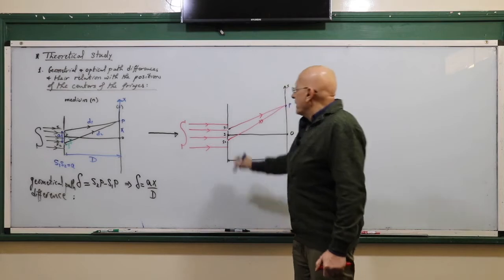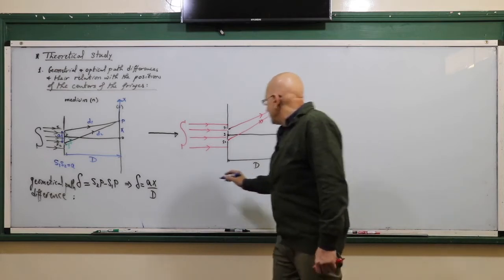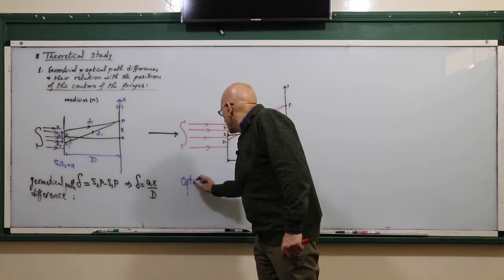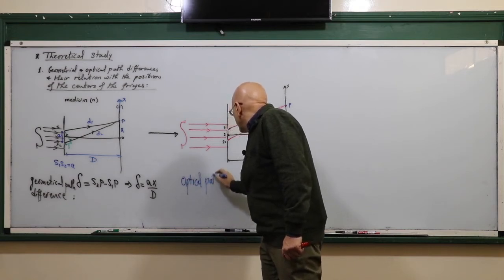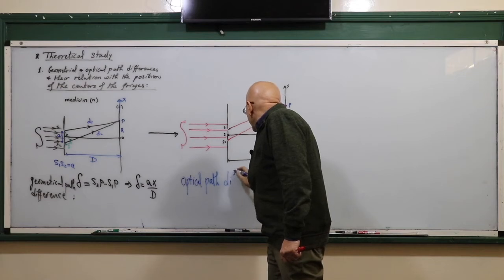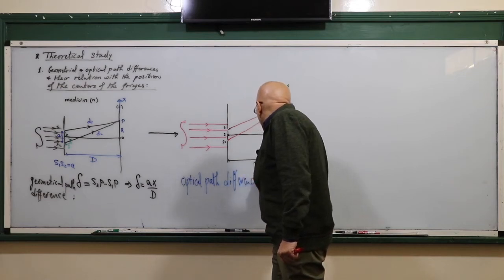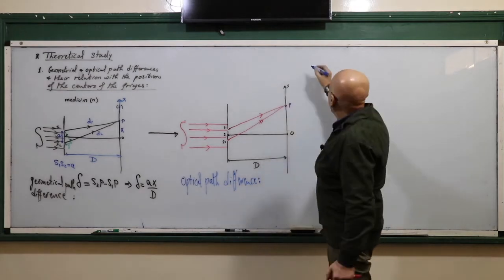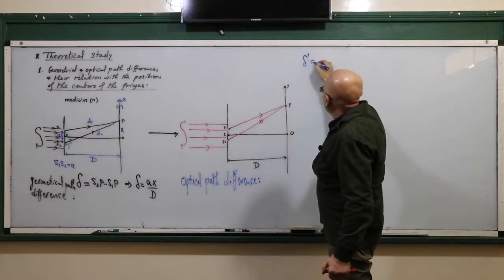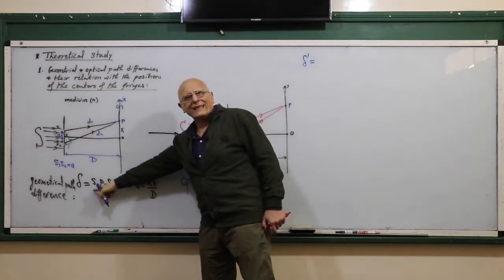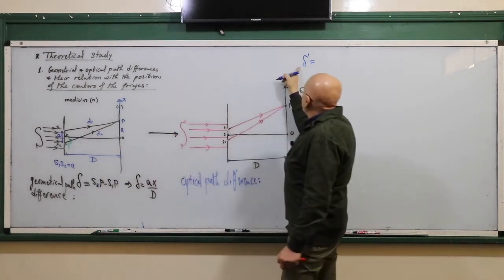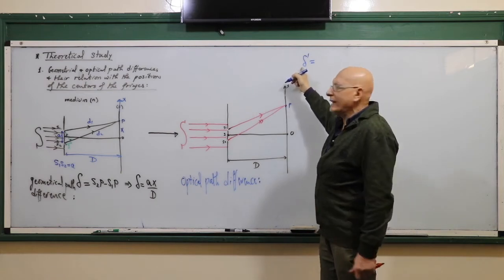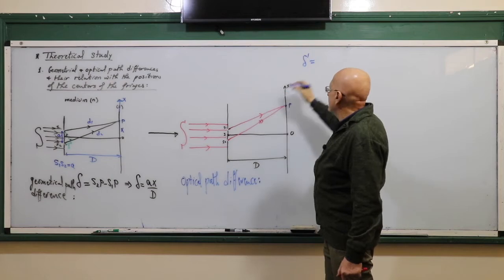So, the optical path difference in this case. Let's see, what is it equal to? I am going to call it delta prime. So delta, the geometrical path difference, corresponds to the optical path difference, delta prime. What is it equal to? Let's see.